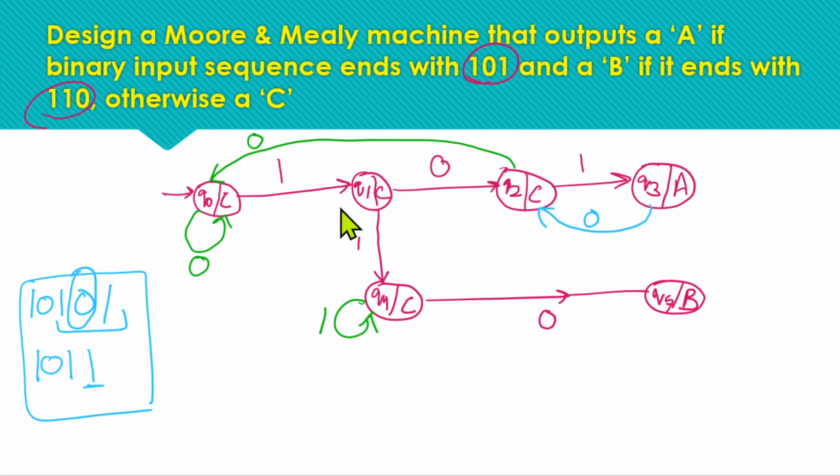We must be on this path, as we got two ones, so we are expecting the next symbol as 0. In wait of that 0 we need to move to the state q4, because from q4 we can receive 1 0 and output a B, double 1 0. So we are at q4 after getting double 1.